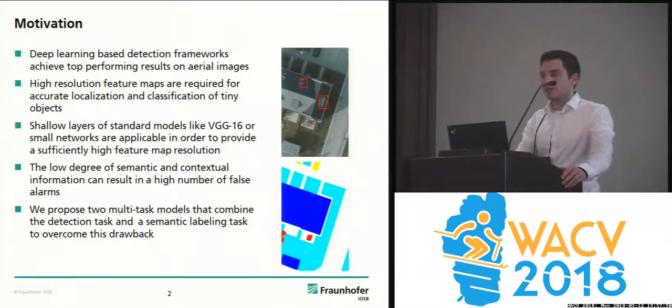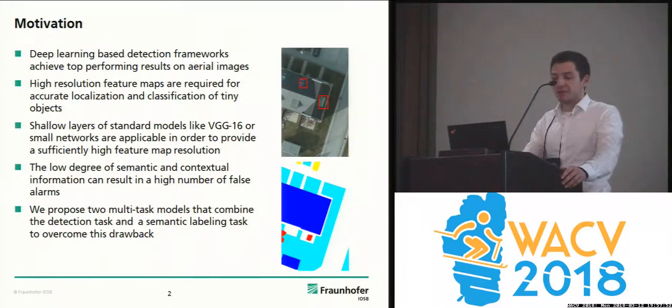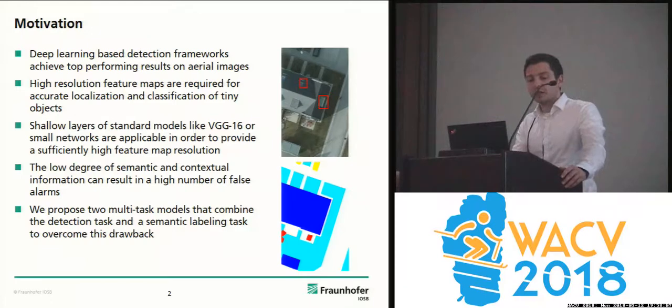In recent years, deep learning-based detection frameworks have also achieved top-performing results for vehicle detection on aerial images. For this, high-resolution feature maps are required for an accurate localization and classification of tiny objects, such as vehicles.